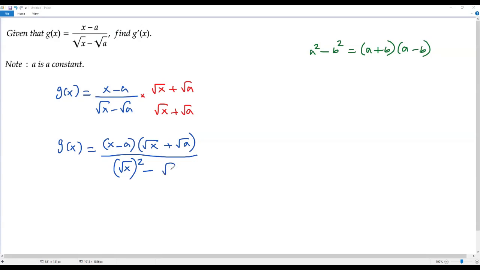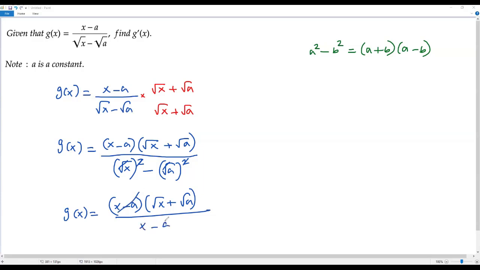Instead of b, we have square root of a, so we write square root of a, the whole squared. Now the square root and square can be cancelled, and here the same thing, square root and square can be cancelled. So g of x equals (x - a) times (square root of x + square root of a) over (x - a). So this (x - a) can be cancelled. So I'm getting g of x equals square root of x + square root of a.